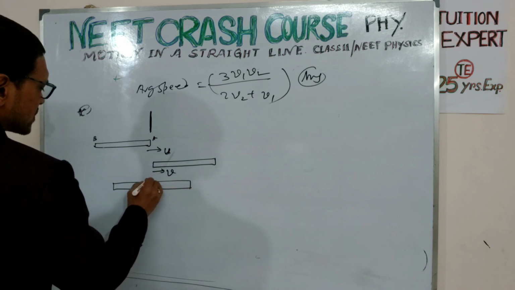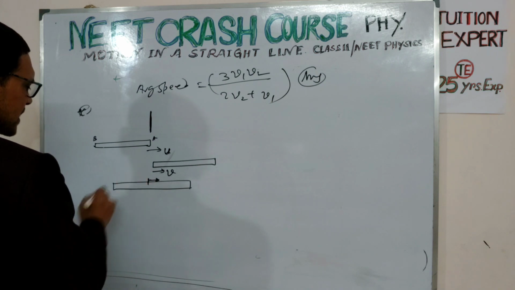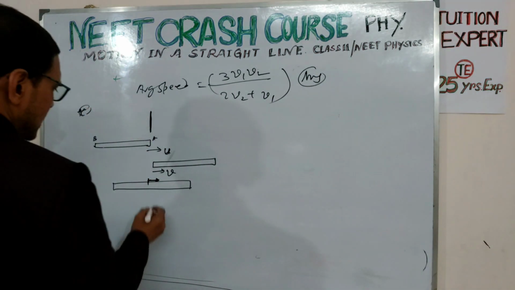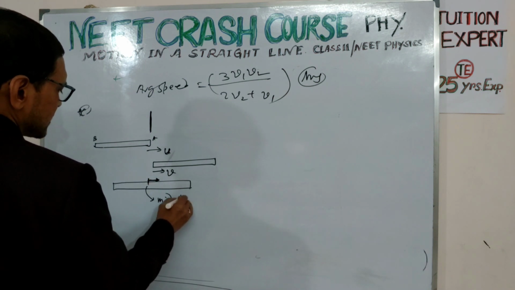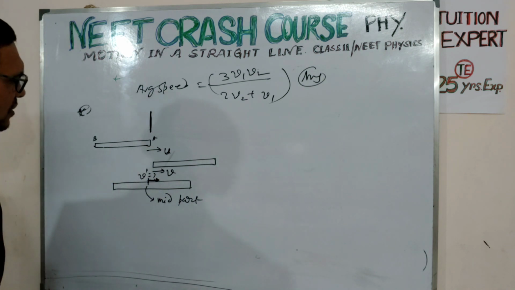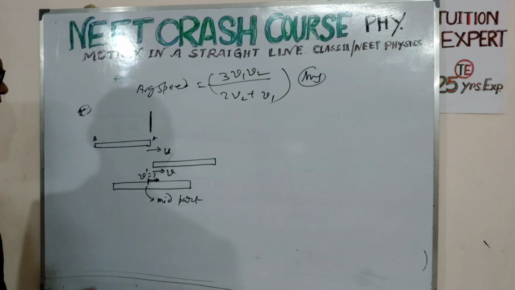What is the velocity of the mid part of the train when it passes through the same light post? You have to answer this question, v dash, in terms of u and v.